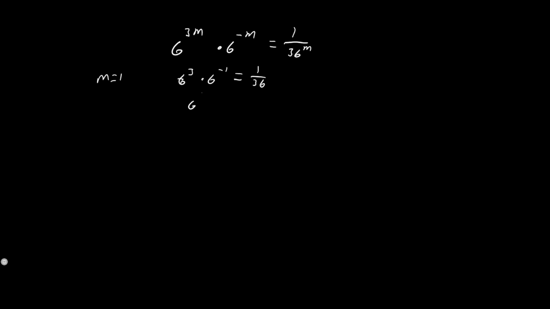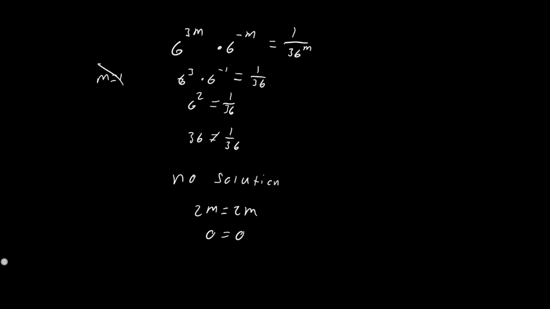Here we have 6 to the power of 2 is equal to 1 divided by 36. And we see that 36 does not equal 1 over 36. So we can cross that out and say that there is no solution.